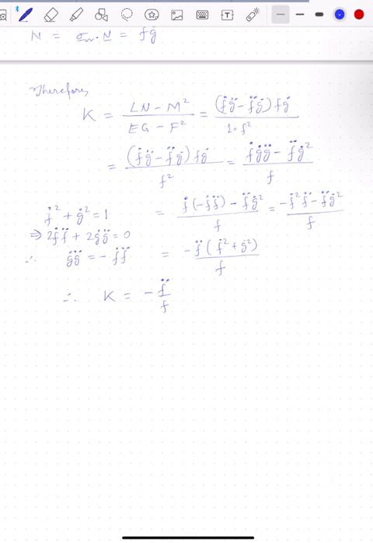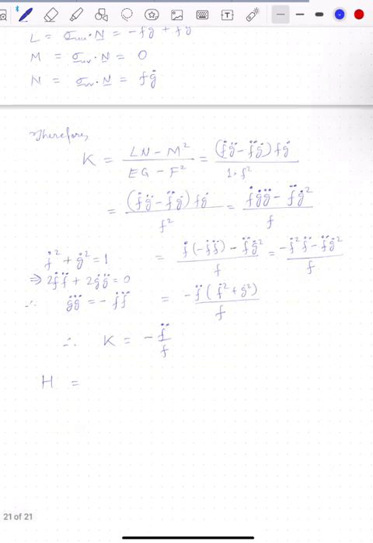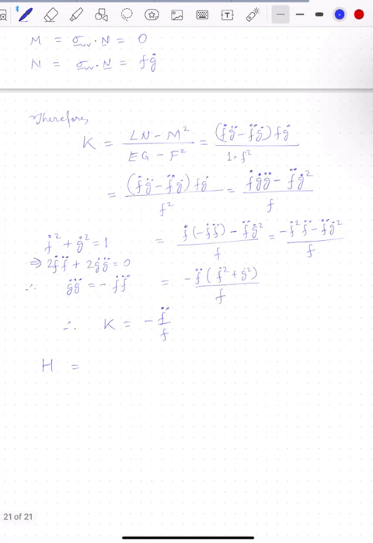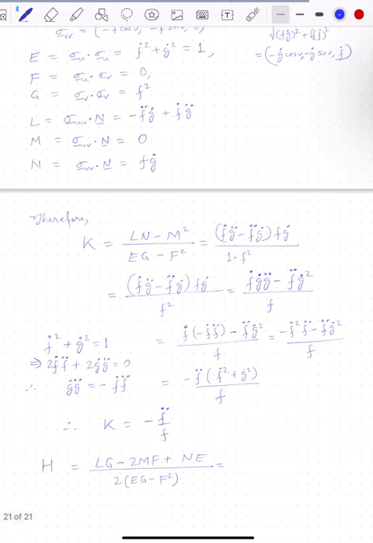And with regard to the mean curvature H, we have a nice expression here, and it goes as Lg minus 2mf plus nE divided by 2 into Eg minus f squared, right? Let's plug in the values here.